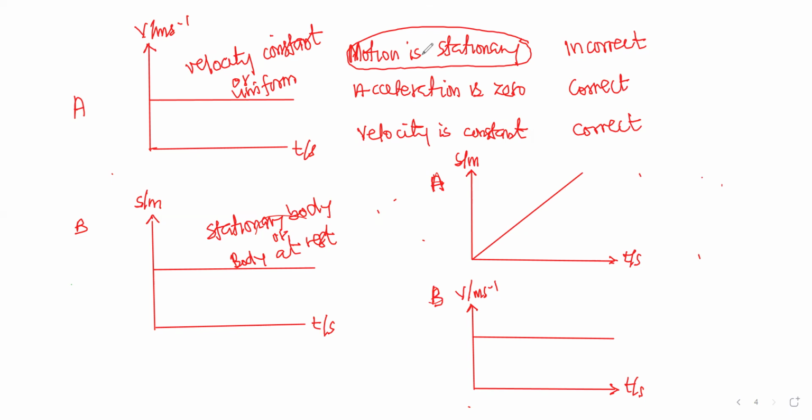Yes. The A is in uniform motion with constant velocity, but the B is showing that velocity remains constant over time. So one word to describe the relationship between A and B. One word.